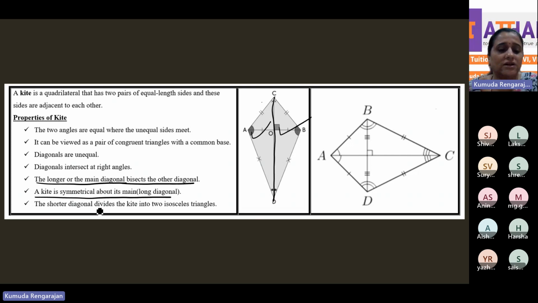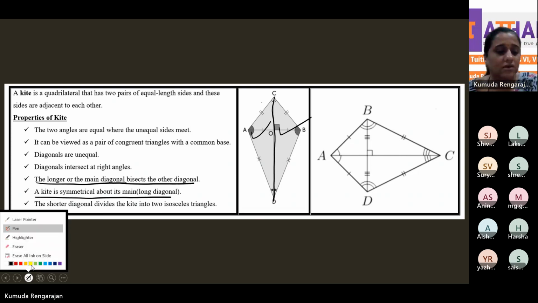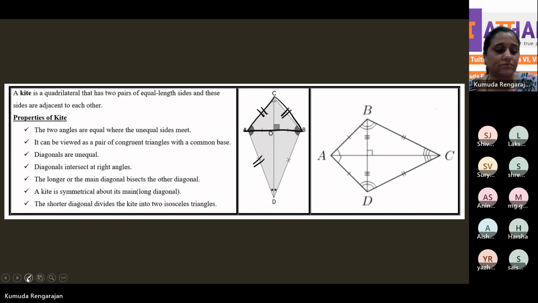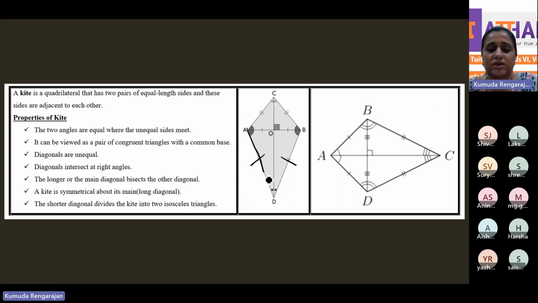The shorter diagonal divides the kite into two isosceles triangles. Because we know that these two sides are equal, when you consider this triangle, it is an isosceles triangle. Again, these two sides are equal.